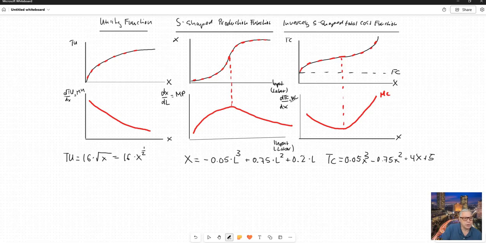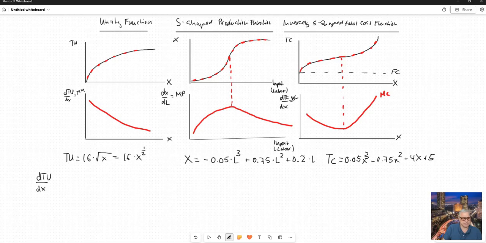So now in order to get to the graphs on the second row, we have to take the first derivative. So we have to take the total utility function and derive it with respect to x. That is written as we want to know the change in total utility when x changes a little bit.